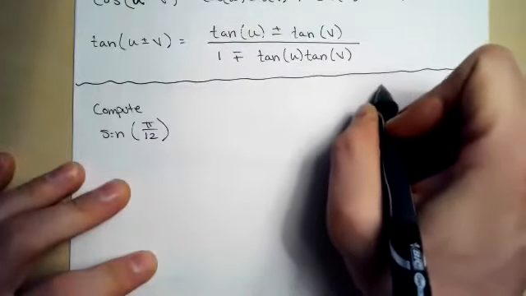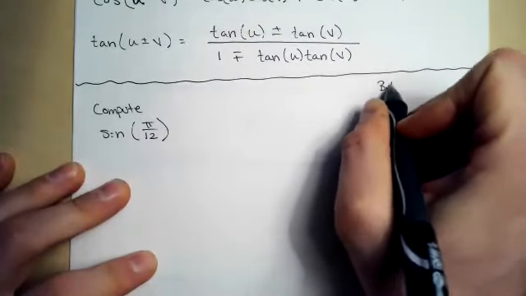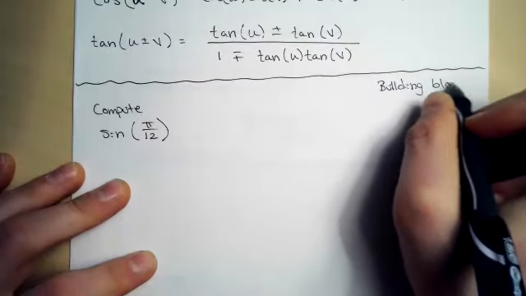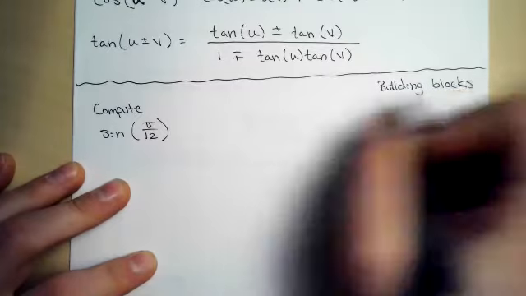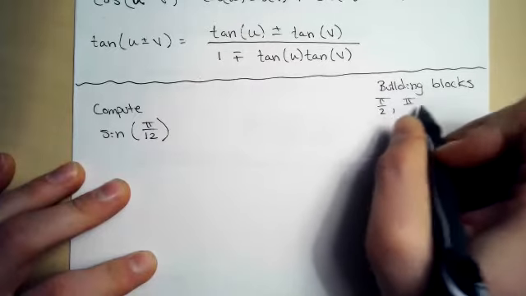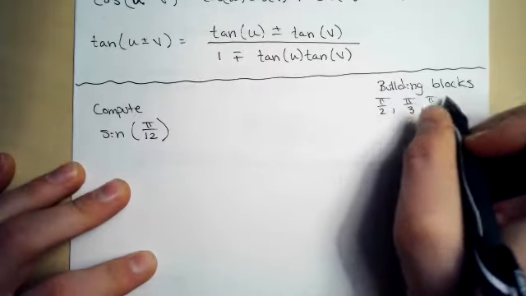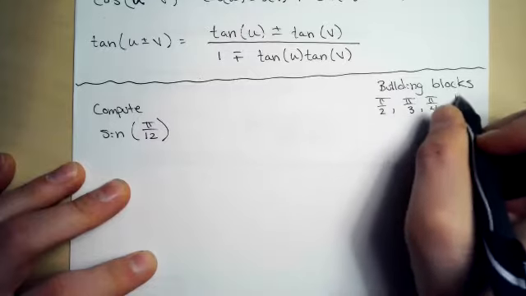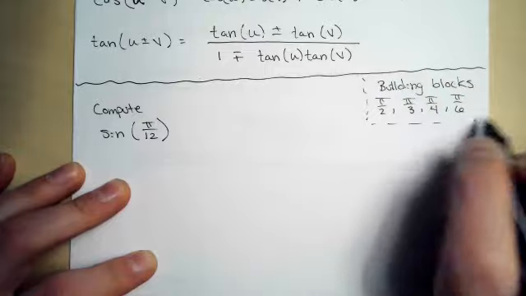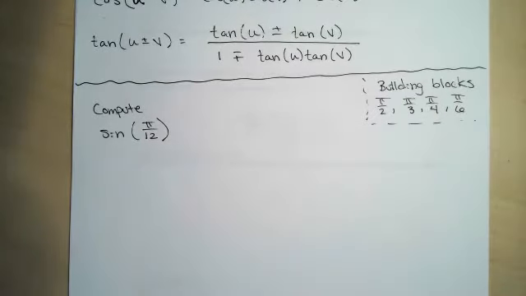So remember, our building blocks are the angles we like and can compute: pi over 2, pi over 3, pi over 4, pi over 6, along with any multiples of those we can compute trig functions on.